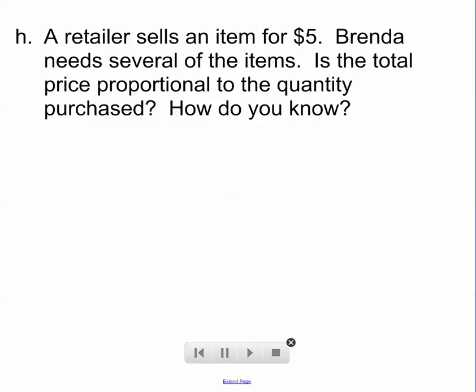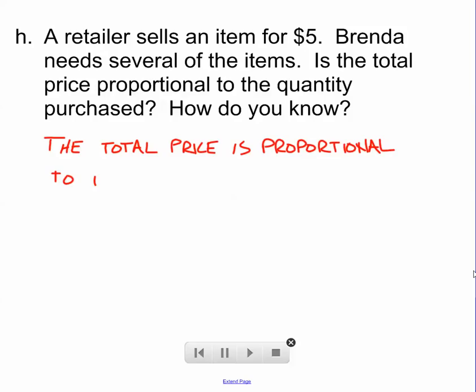A retailer sells an item for $5. Brenda needs several of the items. Is the total price proportional to the quantity purchased? In this case, we're going to say the total price is proportional to the quantity purchased, because we don't know anything about a discount for large quantities, so we just have to assume that this item is constantly sold for $5.